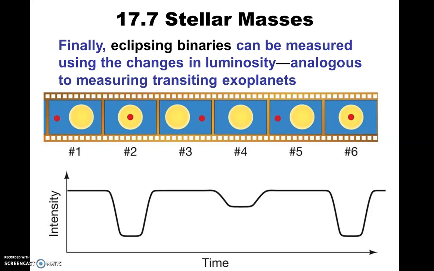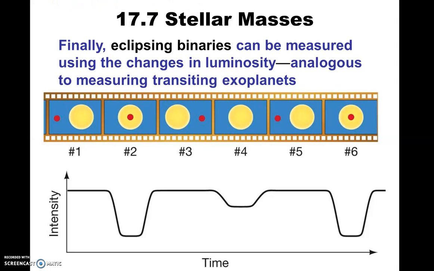Our solar system is a little different. There are solar systems that just have one star, like ours, but more than 50% of the stars that we see out there are in binary systems, and in some cases trinary systems, or even more. So these are stars that orbit each other.